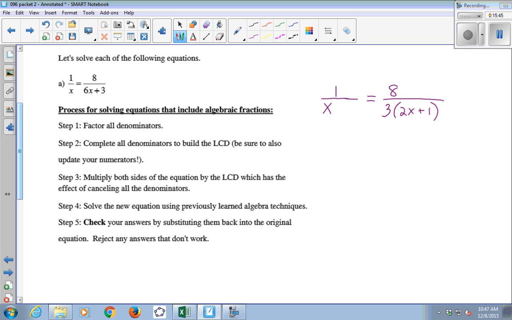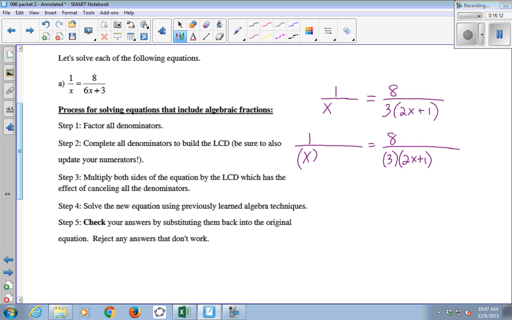Step 2 is complete the denominators. Build a common denominator. So I'm just going to copy these things. 1 over x with some extra space. 8 over 3 times 2x plus 1. A little extra space. First fraction, what is it missing that the second fraction has?